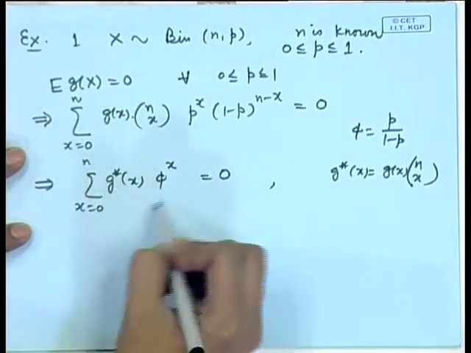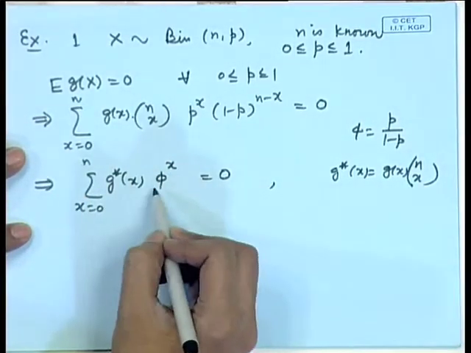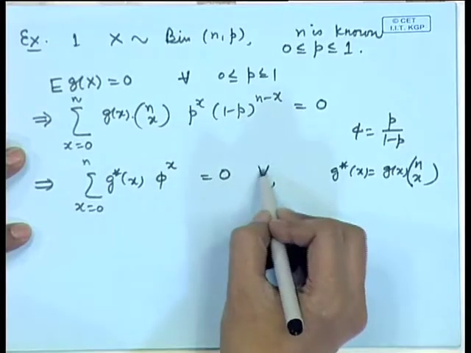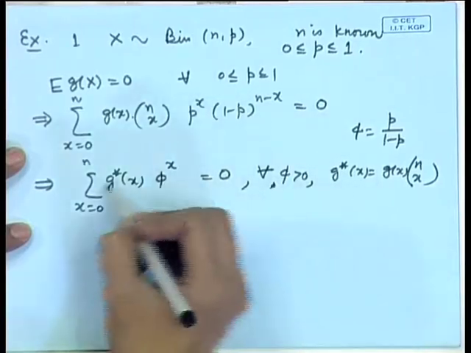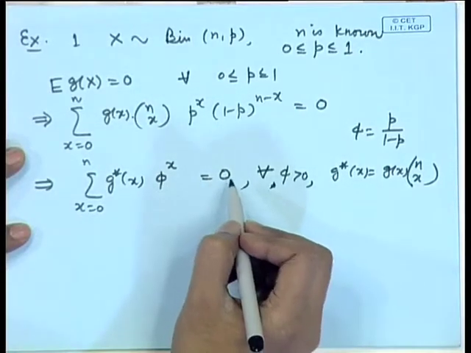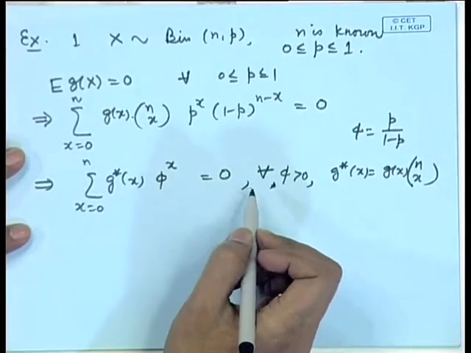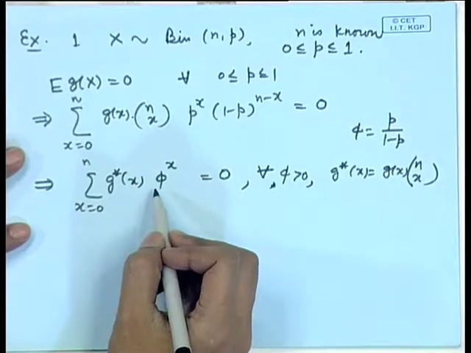Now, the left hand side is a polynomial of degree n in phi, and we are saying that it is vanishing for all phi. So, a polynomial will vanish identically on an interval provided all its coefficients vanish.